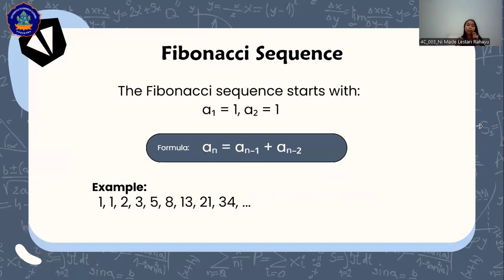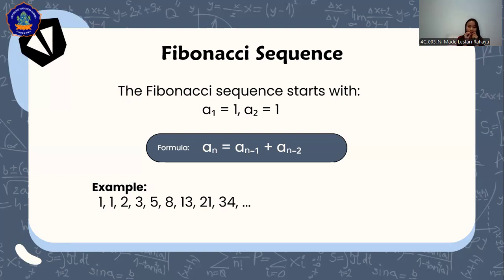Next is the Fibonacci sequence. The Fibonacci sequence starts with a sub 1 equals 1 and a sub 2 equals 1. This means the first term is 1 and the second term is also 1. The formula of the Fibonacci sequence is a sub n equals a sub n minus 1 plus a sub n minus 2.